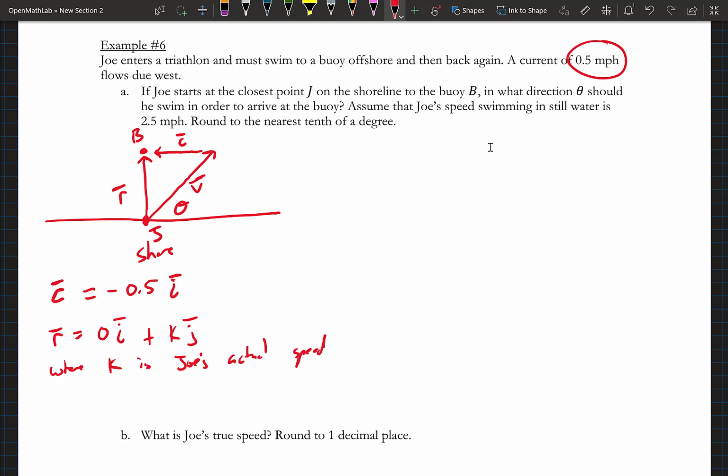So in other words, k equals the magnitude of R, which is Joe's actual speed.